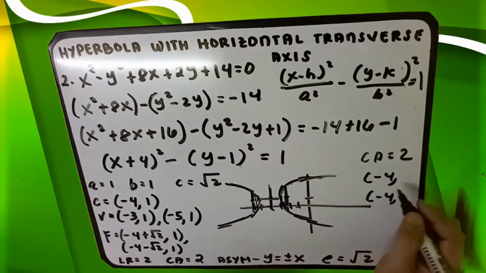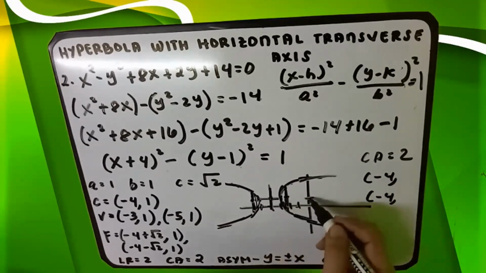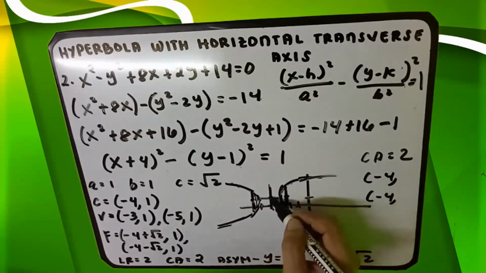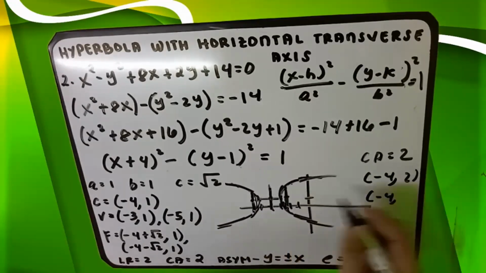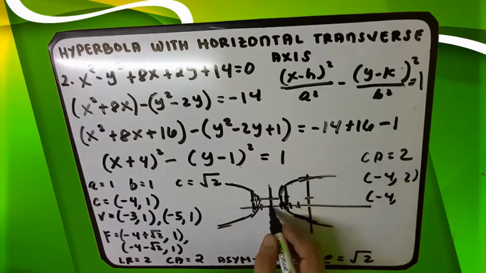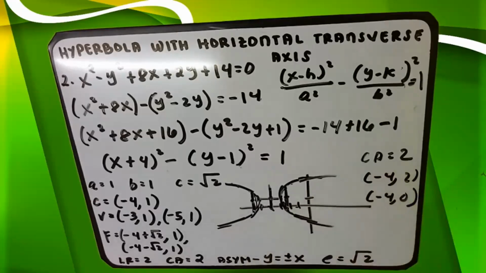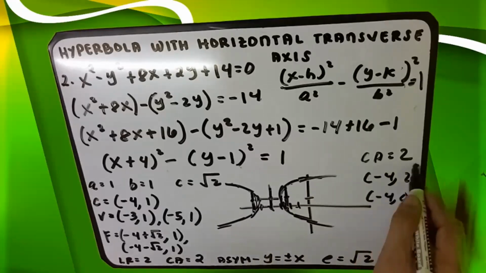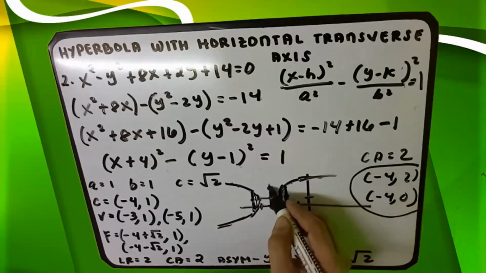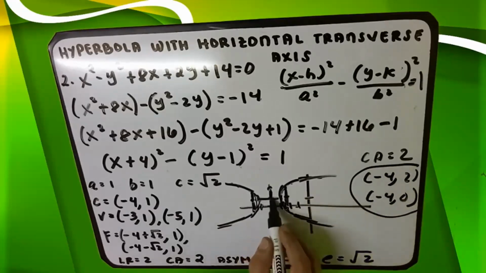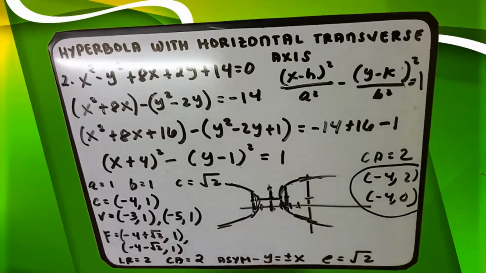Ang y-axis niya ay 2 sa taas, at sa baba ay 0. So ito ngayon yung endpoints ng conjugate axis.